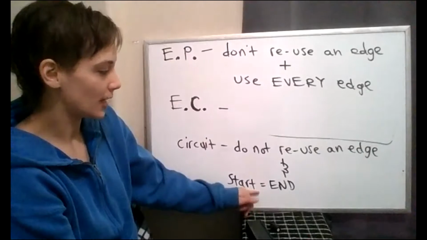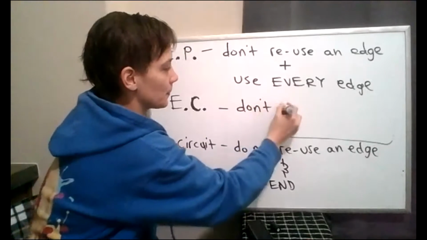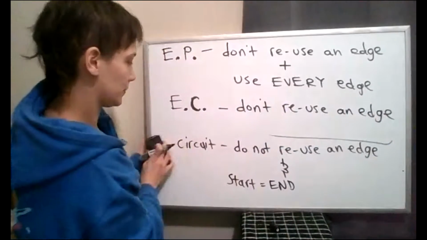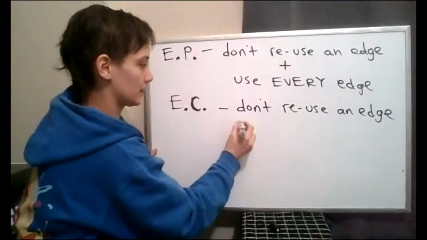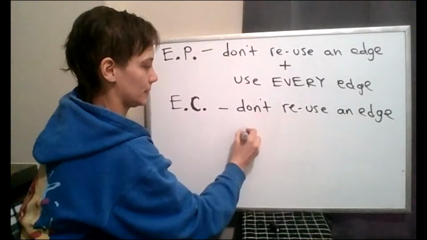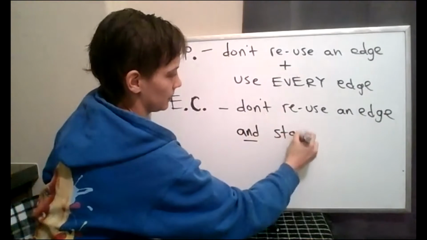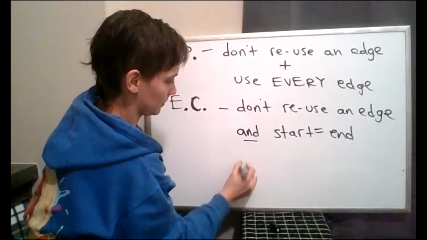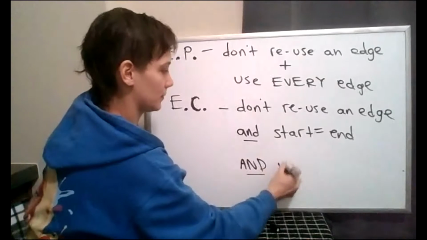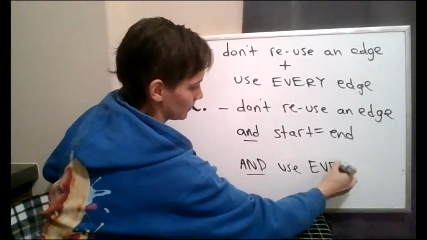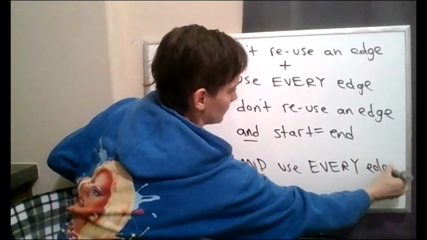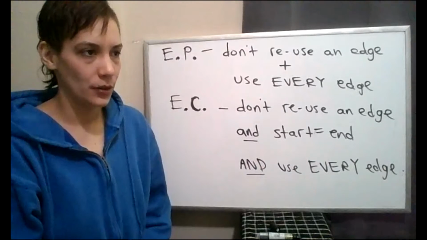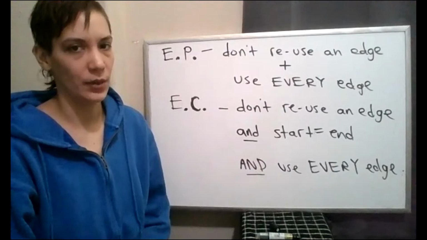Don't do this, and also do that. So I would like to do examples first, and then we're going to go into using some theorems.